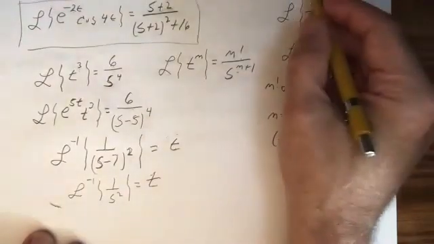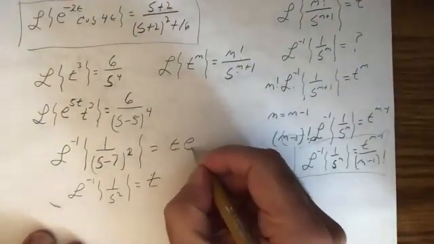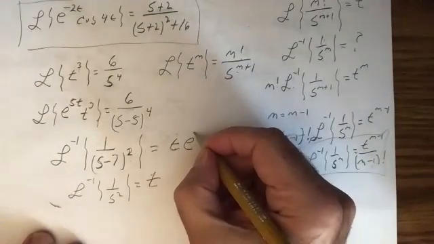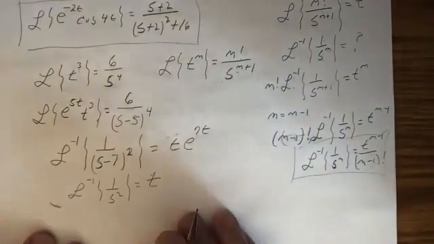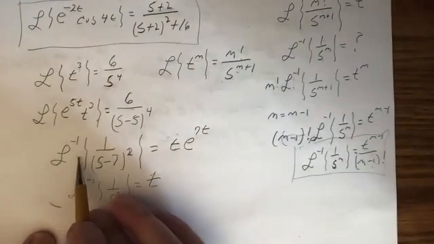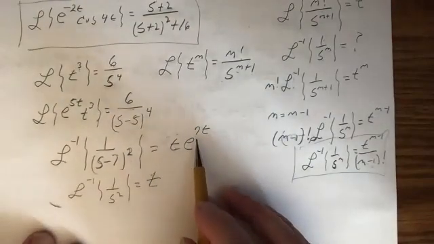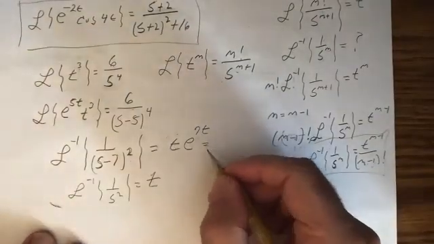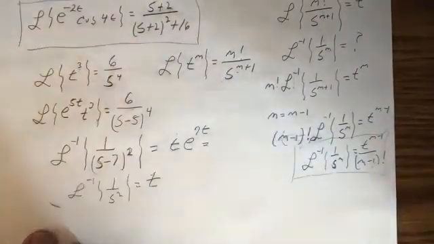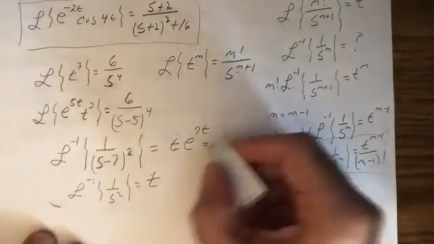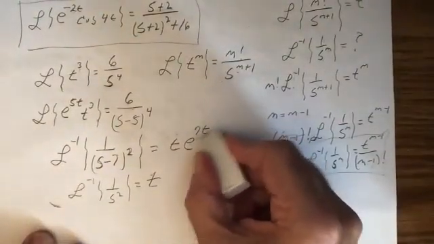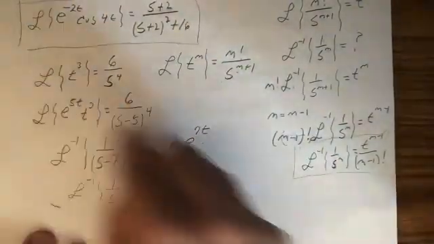So this is going to be e to the 7t. So the inverse Laplace transform of this thing is t e to the 7t. I actually like to write the exponential after the polynomial.